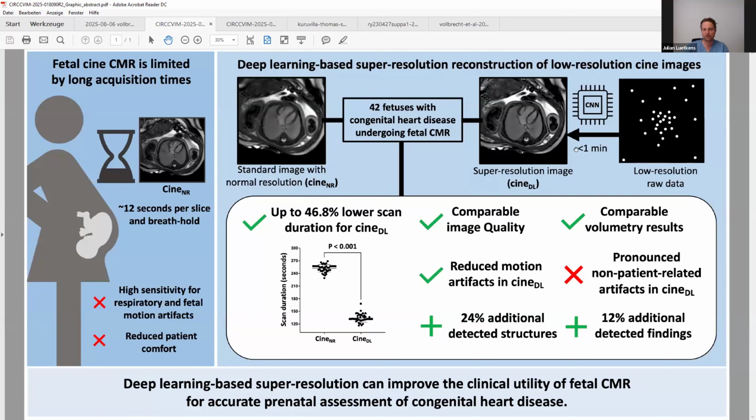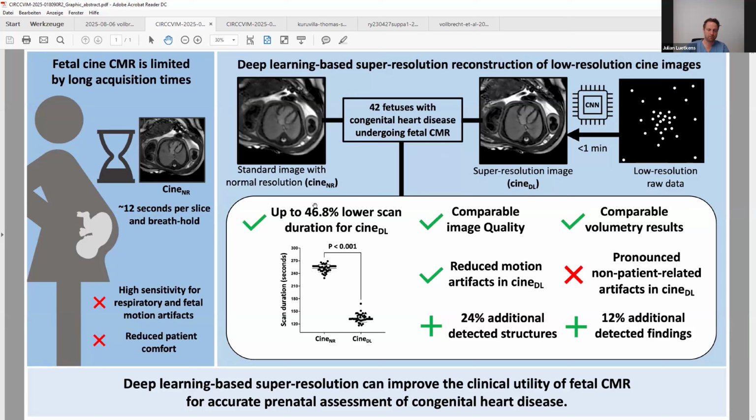And then we have another Cine stack in the same orientation, which uses not parallel imaging, but compressed sensing as an acceleration technique. This data was reconstructed with two convolutional neural networks, and then you get a final super resolution image, which we refer to as Cine deep learning in our manuscript. And these two sequences were compared.